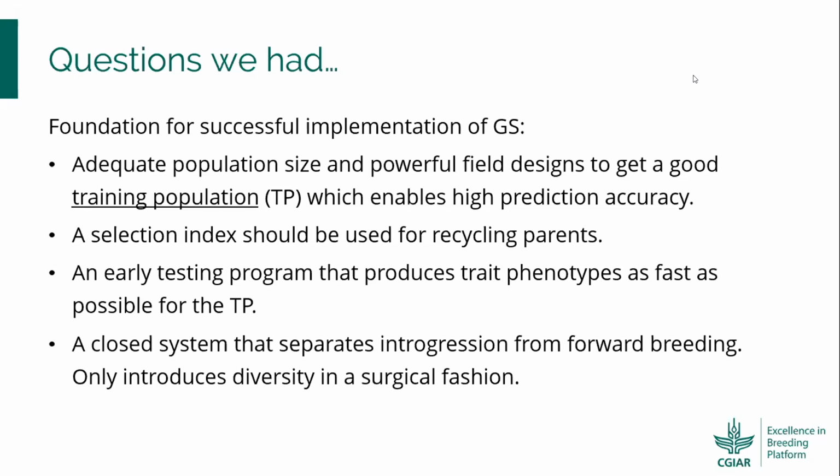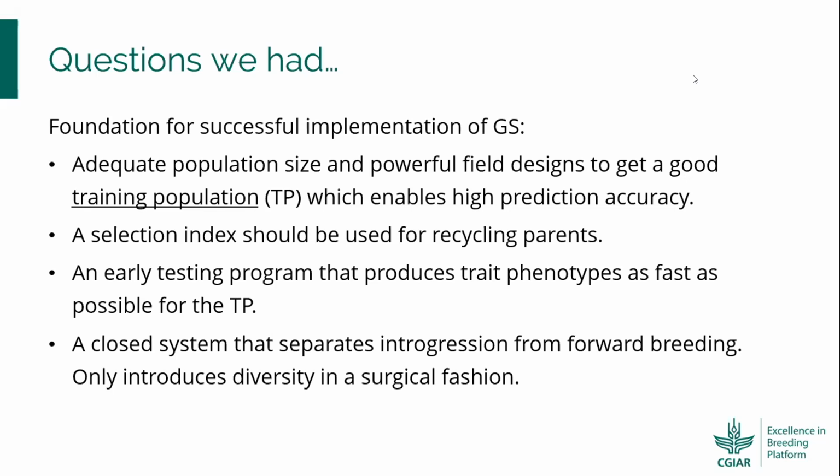That's something really important: having good experimental designs, good population sizes, that you have adopted selection indices that allow you to recycle parents, that probably you are already working on an early testing program, trying to produce the trait phenotypes as soon as possible for the training population.